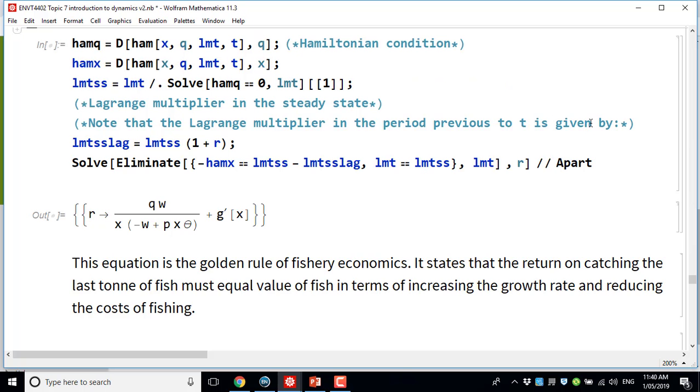I'm not going to go through the algebra of this because it's a bit tedious.